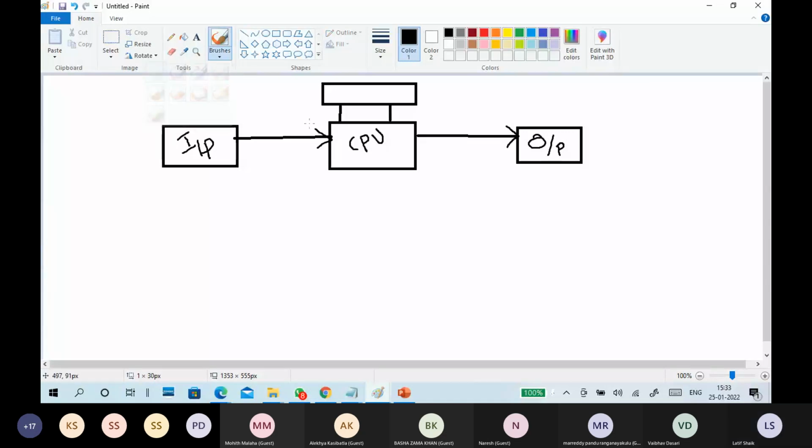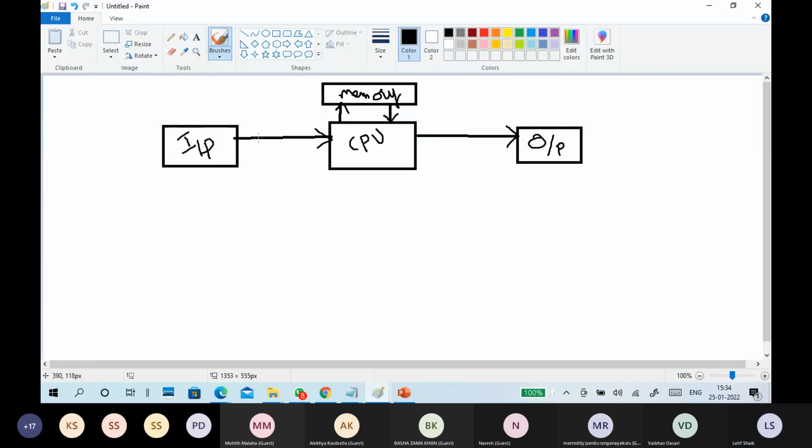Next, whenever it is required, it stores the data into memory and retrieves the data from the memory, or maybe it utilizes some instructions from the memory also. So this is a standard block diagram.